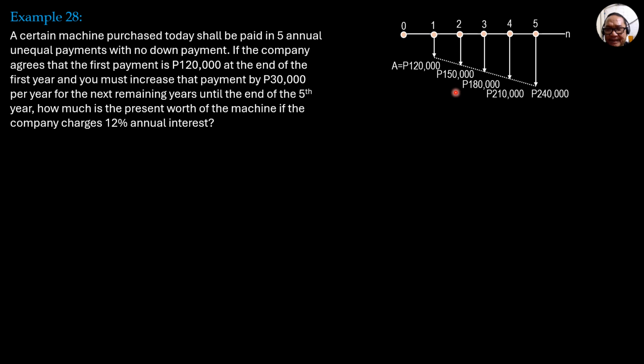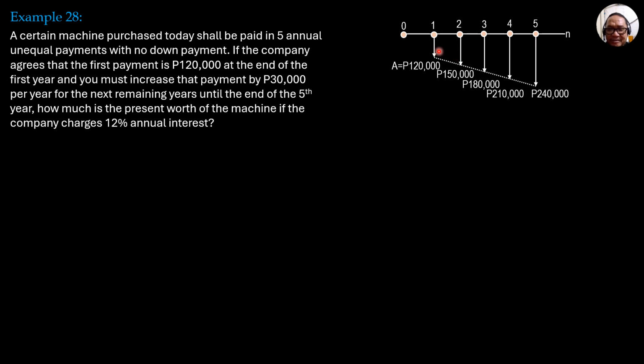If the denominator is x plus 1, that means the value of x begins with 0 and it ends with 4, so that there will be 5 payments.